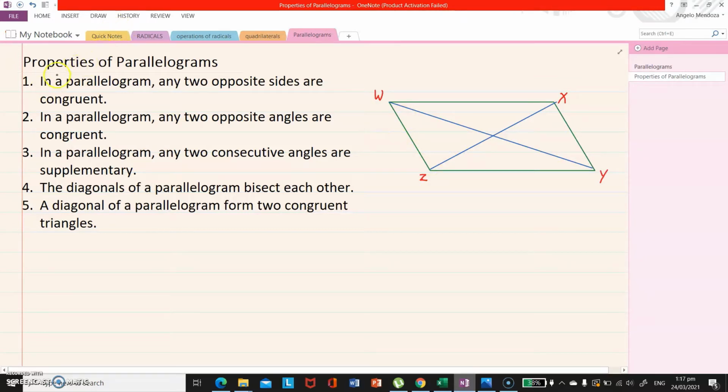So, based on these 5 properties. Okay? So, let's start with number 1. In a parallelogram, any two opposite sides are congruent. So, tingnan muna natin dito sa figure na to which sides that are opposite.